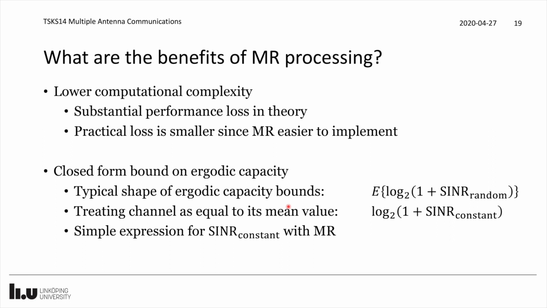And then we get capacity bounds that look much more like an additive white Gaussian noise channel, where we have log2 of 1 plus an SINR expression which is now constant. It doesn't depend on the randomness of the channel. However, in this expression there are still expectations with respect to that randomness, but when we are using MR we can compute all of those expectations in closed form, and we get a very simple expression for the entire ergodic capacity.